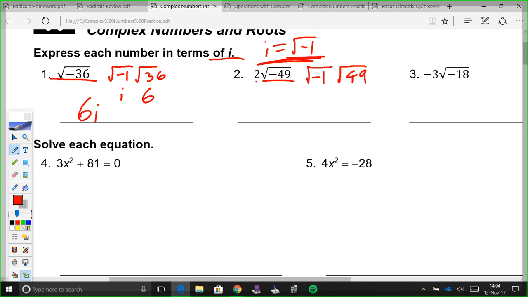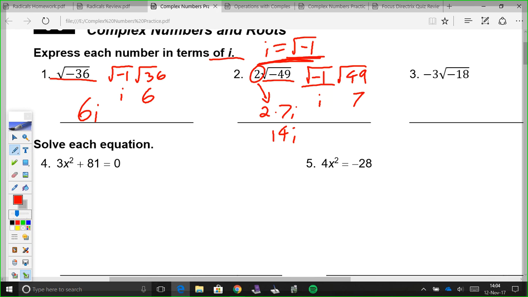The square root of 49 is 7, right? It's a perfect square. And like I said, the square root of negative 1 is going to be called i. So this is going to give me 7i. However, don't forget I had 2 in front, right? So that's 2 times this 7i, which in the very end will of course make this 14i, because I can multiply the 2 with 7.